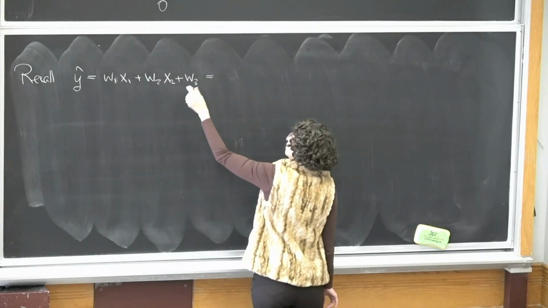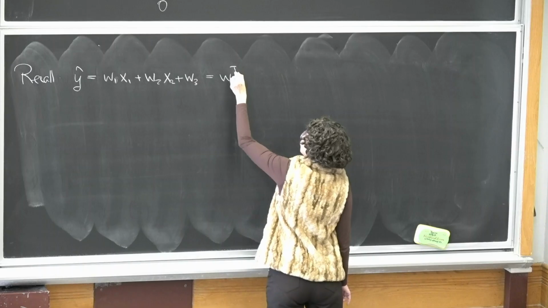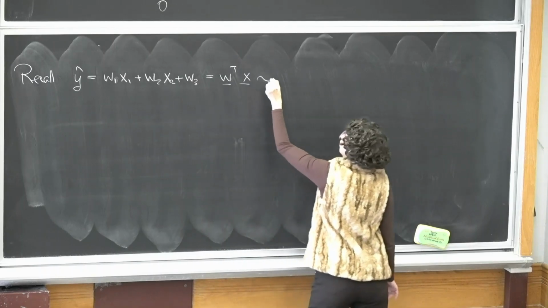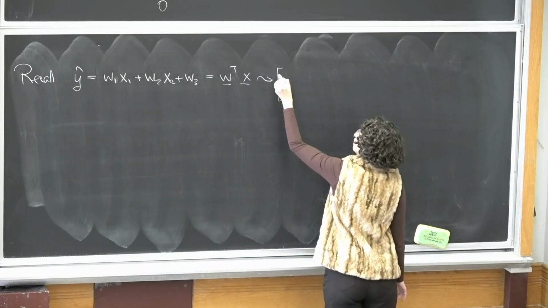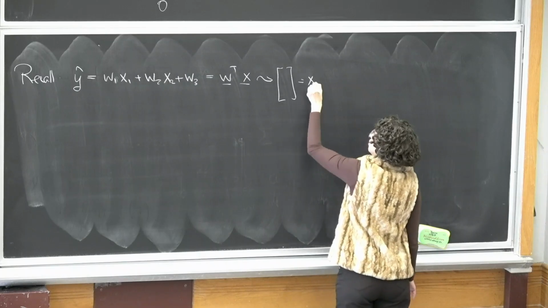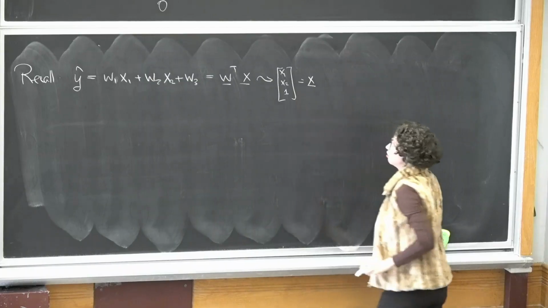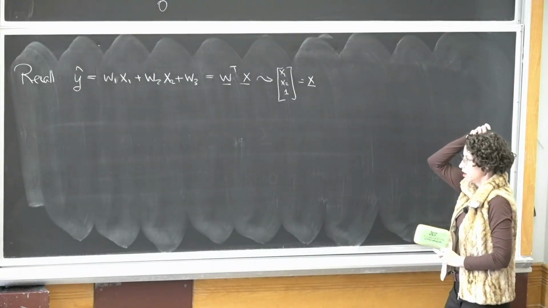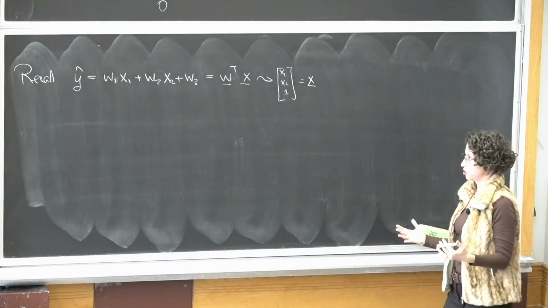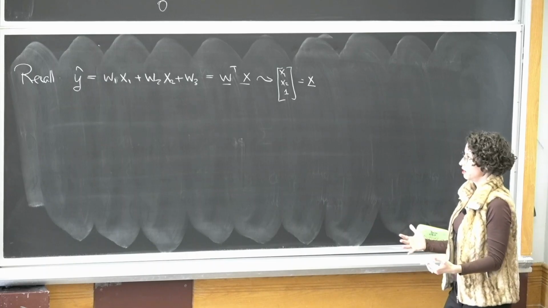And I can write this as W transpose X, where in this case, my X is equal to X1, X2, and then I've tacked on a little 1 at the end here. Okay, so this is the linear prediction setting we've been working in.